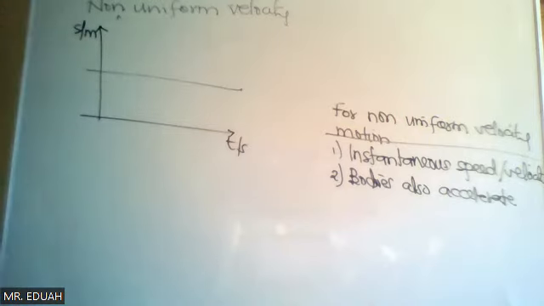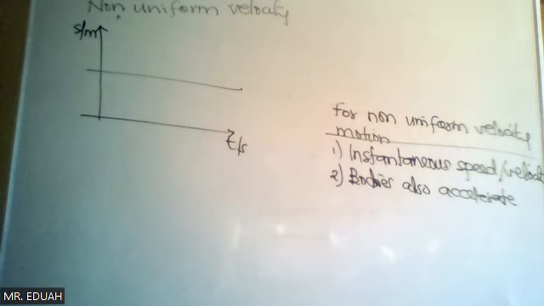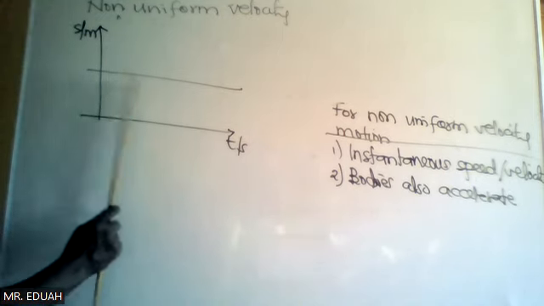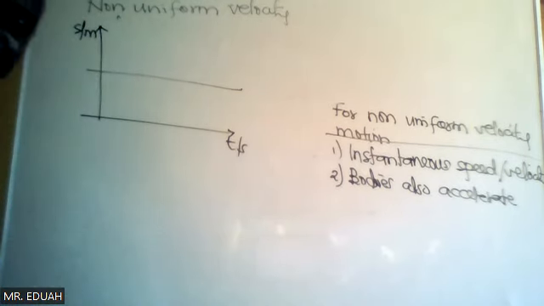Now this is what we have. I want one of you to tell us what this graph actually means. What does the graph mean to us?